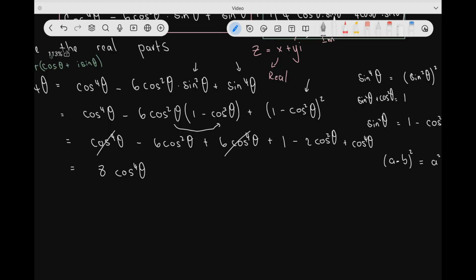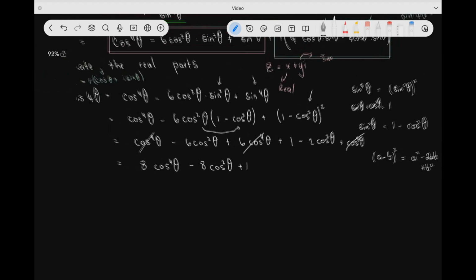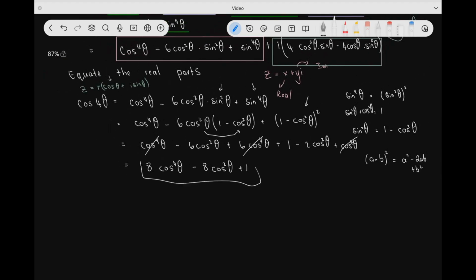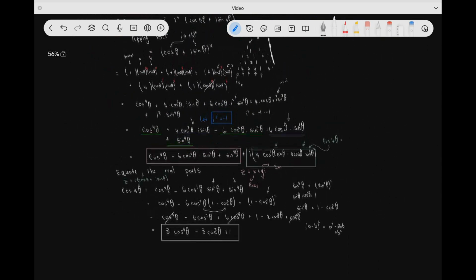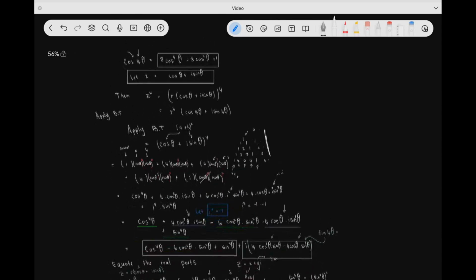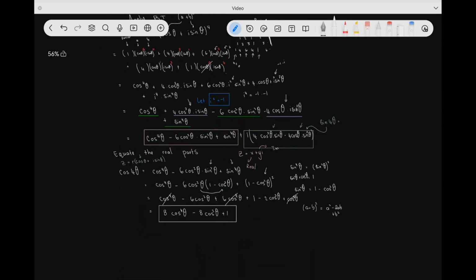If I use that, I'm then left with minus 8 cosine squared theta plus 1. And that will be my final answer. Now, obviously, we can simplify some steps here. I just wanted to show exactly how I would get this answer.